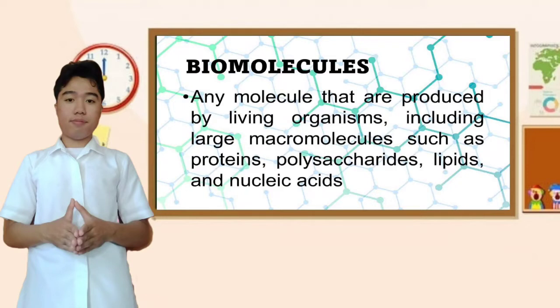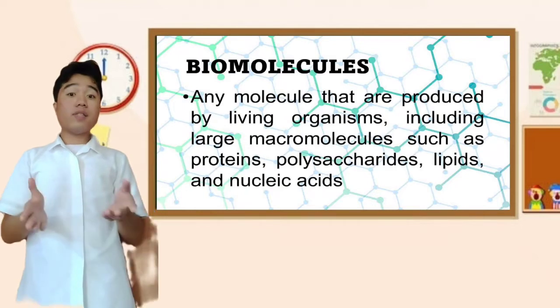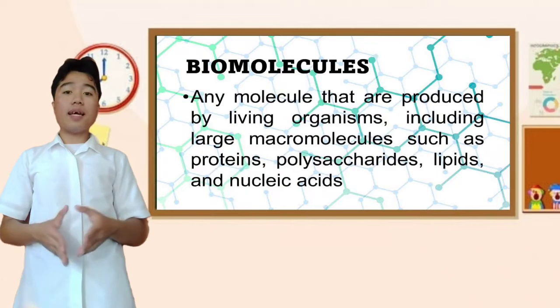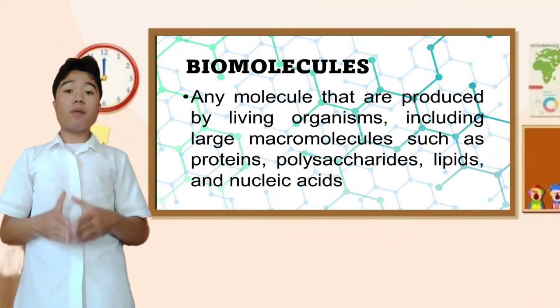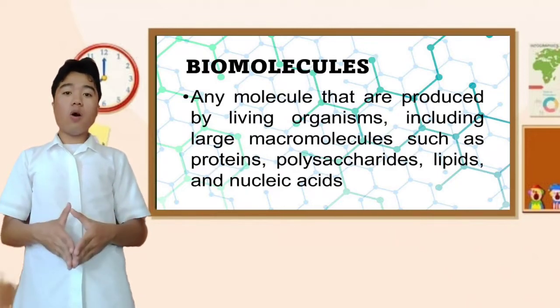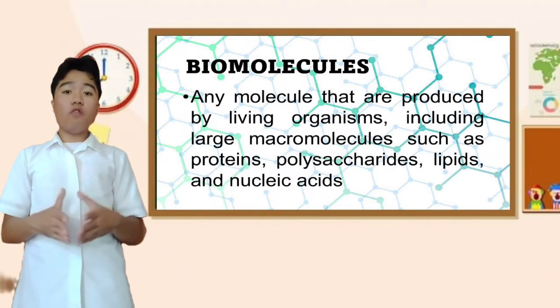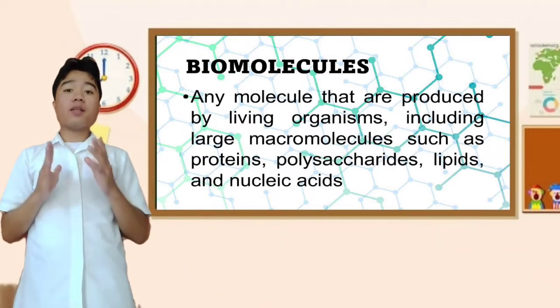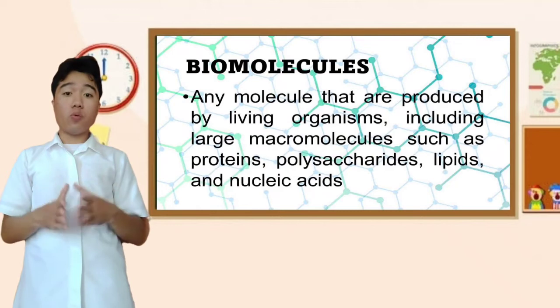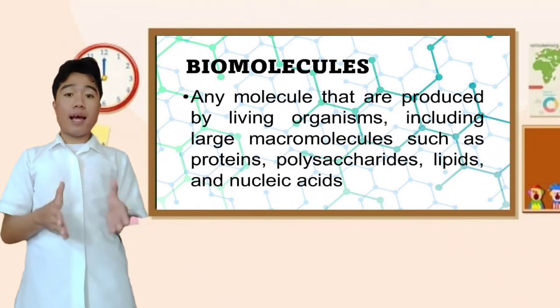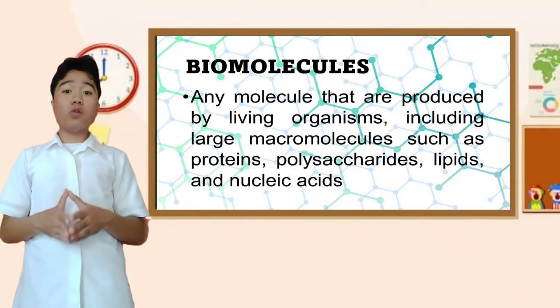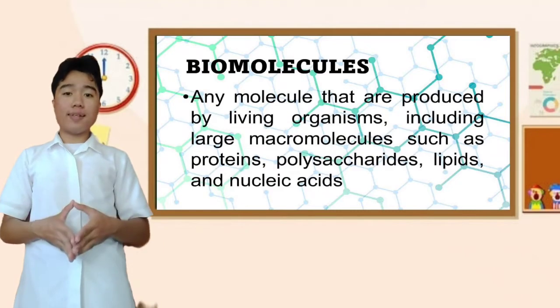It includes large macromolecules such as proteins, polysaccharides, lipids, and nucleic acids. As I said a while ago, we typically get these biomolecules from consuming foods. And so we humans need to eat foods to keep us alive. Thus, food is essential to human life and even to plants, but they can make their own food through the process of photosynthesis.